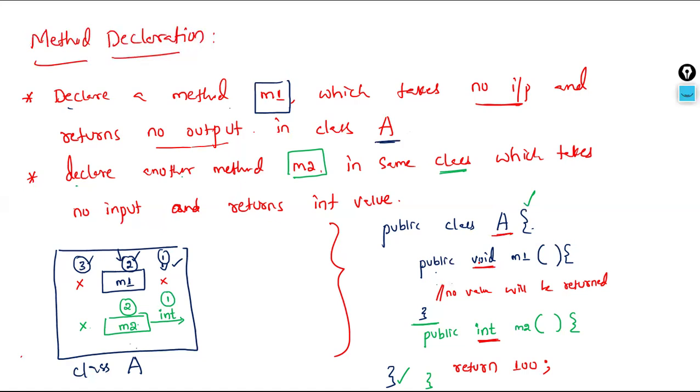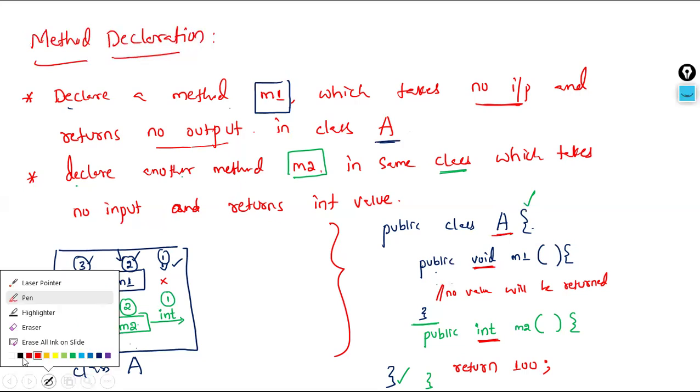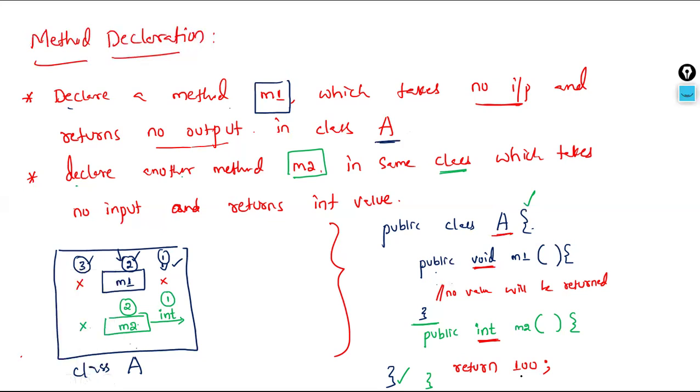If it is void, the return statement is not allowed. If it is not void, then the return statement must be there. Understood? And one more point: is 100 an integer type of value or an integer type of variable? 100 is one more point to understand. We can return the value.